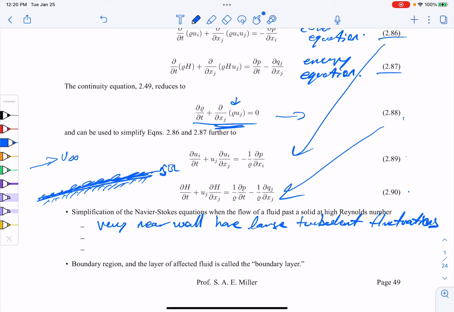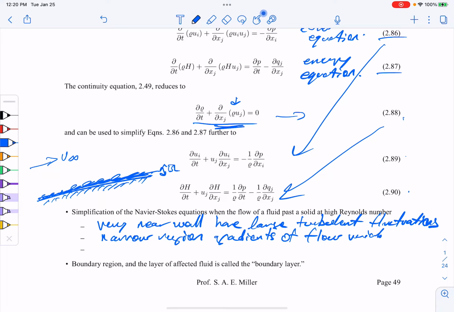And in that narrow region, you might say that your gradients of flow variables dominate.